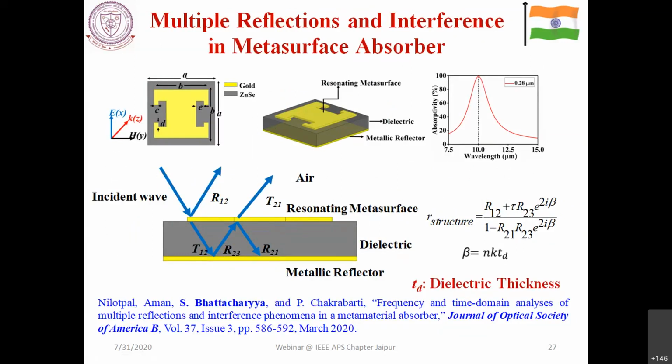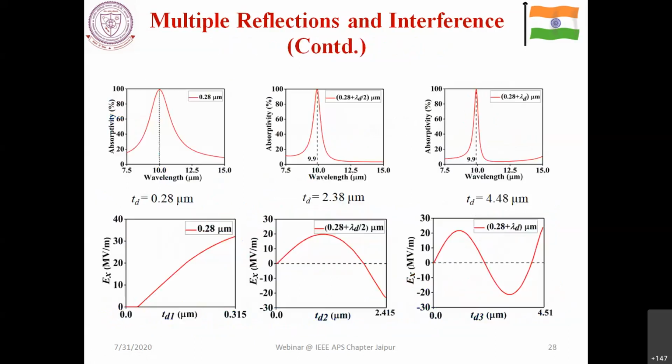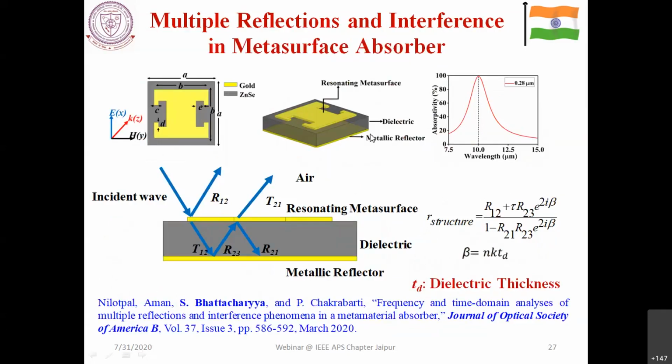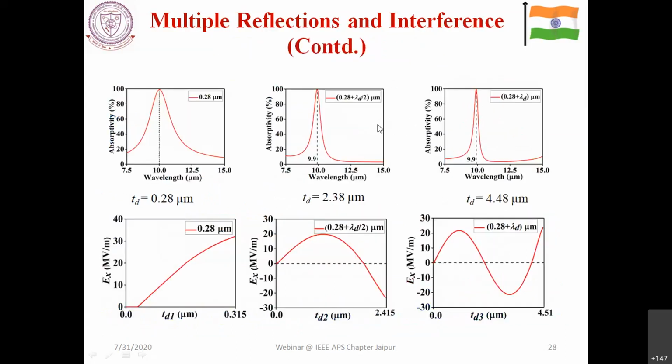Okay, and here you can find this particular one by having the interference theory. I am not going into much detail over there, but the most exciting thing with this is that if you change the thickness of the dielectric by a value of n lambda by 2, where n is any integer, okay.